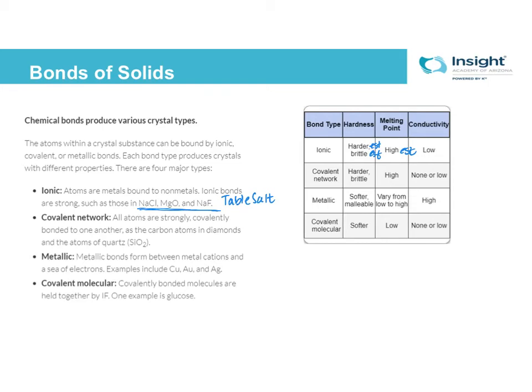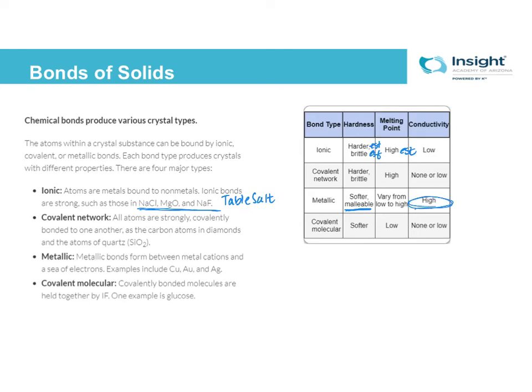Your metallic bonds are what you think of when you think metal. So iron, copper, silver, gold, platinum. These definitely have some malleability. You can bend and shape them. Melting points vary from low to high. And these are unique because they have high conductivity.